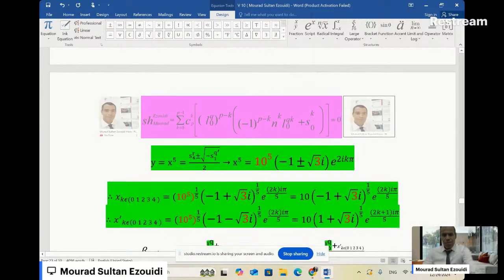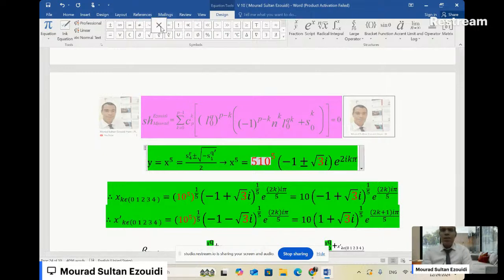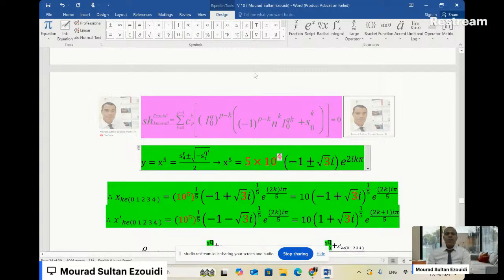So it will be 5 times 10 raised to the power 4, times minus 1 plus negative root of 3i times exponential 2i times 5. Now this is x raised to the power 5 equals this. Therefore, x subscript k from 0 to 4 is 10.